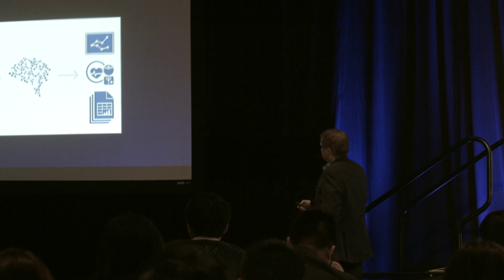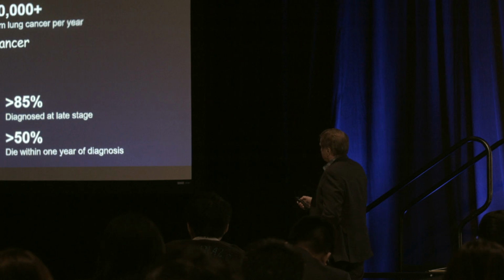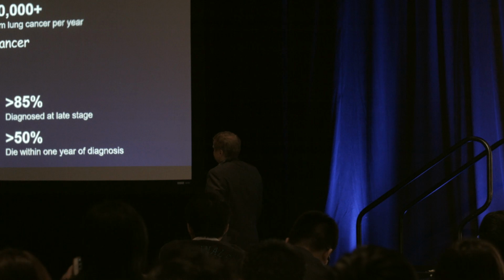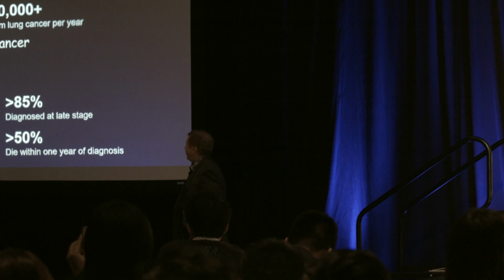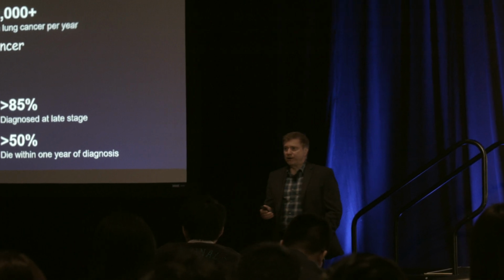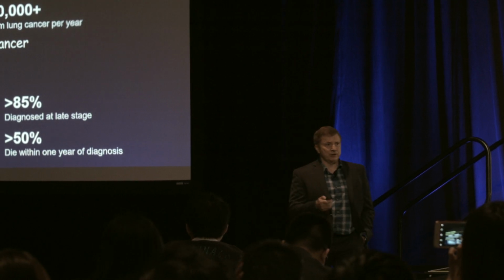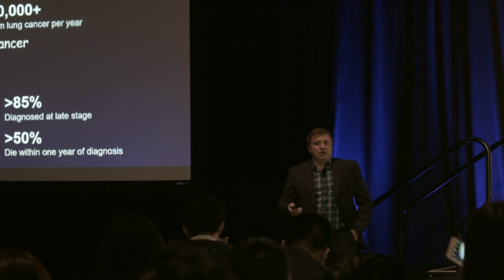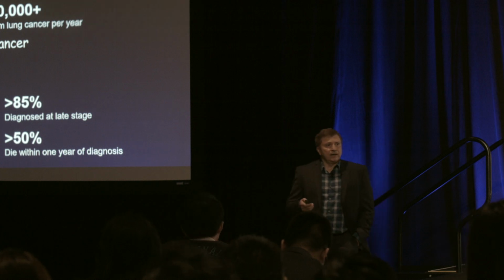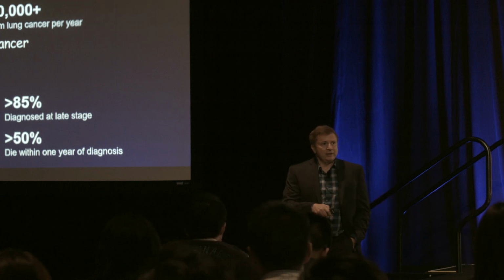And for example, lung cancer. This is the deadliest cancer worldwide. Early detection is critical, but again, there aren't enough doctors for all the patients, especially in high population countries like China and India, to examine all patients at an early stage.